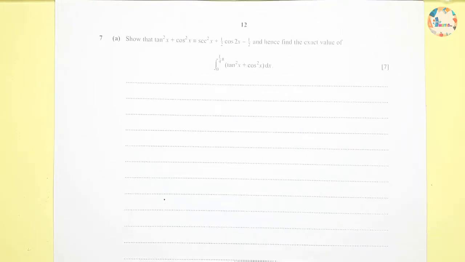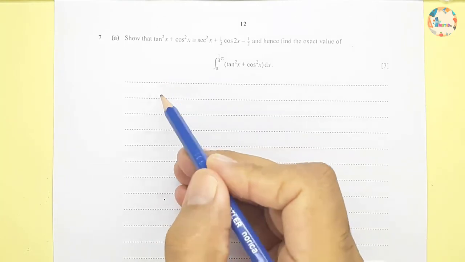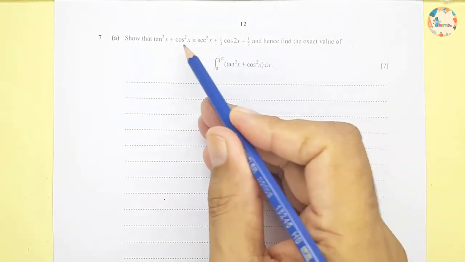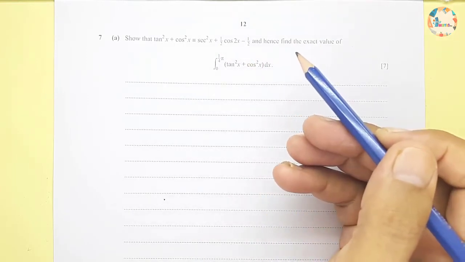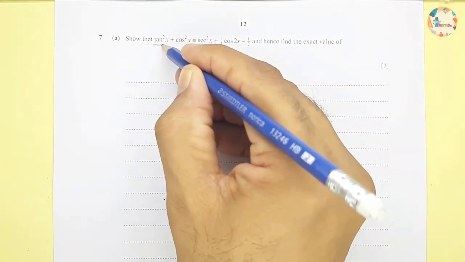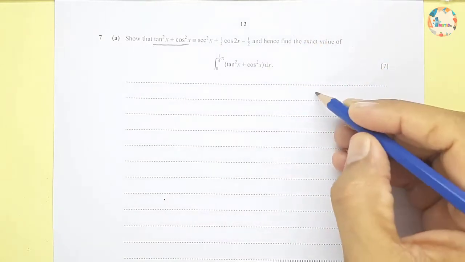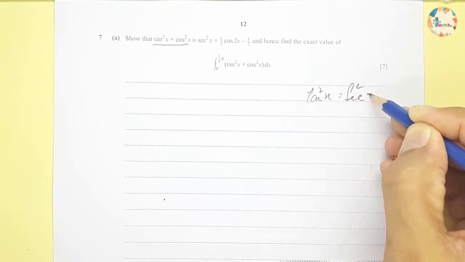Next part is question number 7. Integration: show that tan square x plus cos square x is equal to secant square x plus 1 by 2 cos 2x minus 1 by 2, and hence find the exact value of this integral. So we take one side, the left hand side, tan square x plus cos square x, and tan square x we know is equal to secant square x minus 1.